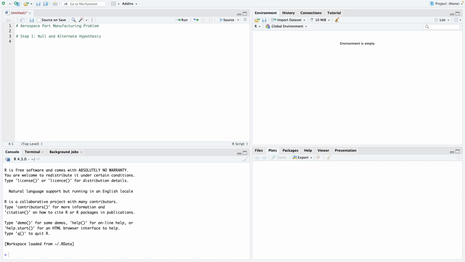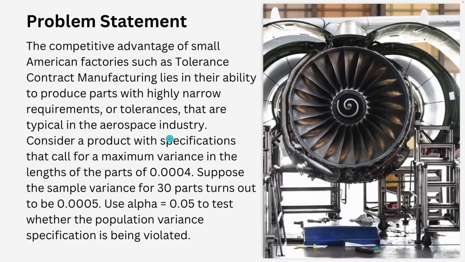All right, so now we have the null and alternate hypotheses written. Let's go back to our question. We're being asked, as you can see down here, to test whether the population variance specification is being violated, and that specification is 0.004, the specification given in the aerospace industry.